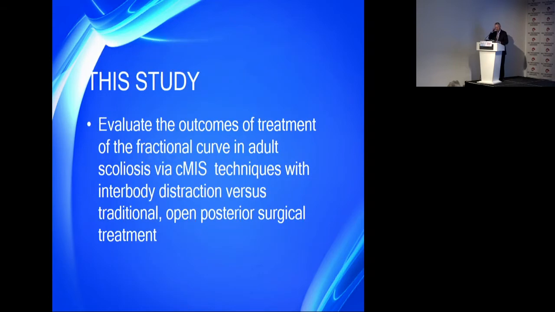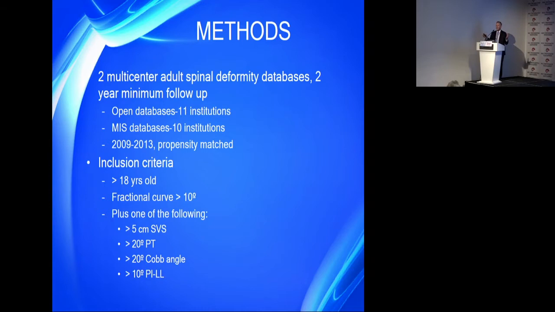So this study evaluated the outcomes of treating the fractional curve in adult scoliosis with minimally invasive technique versus open technique. It's two retrospective analyses of an open database, which included 11 institutions, and a minimally invasive database, which included 10 institutions. Patients were between 2009 and 2013.